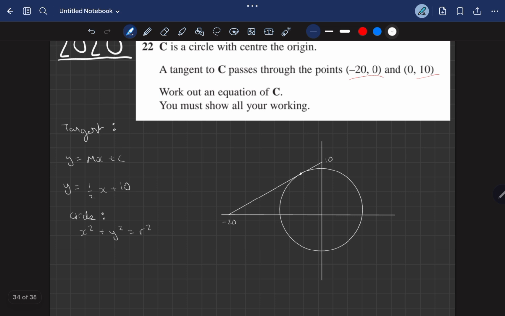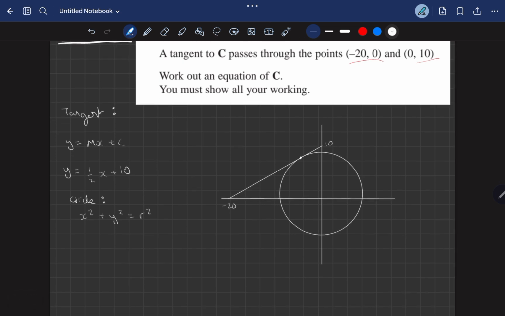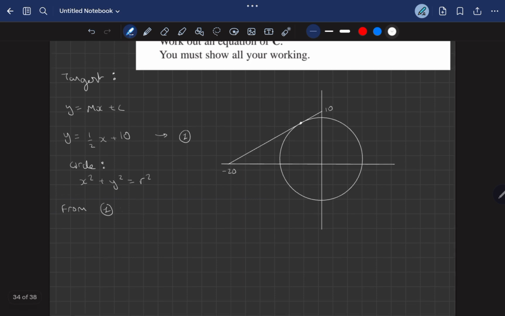So let's equate these two together. I'm going to substitute y into this right here. Actually, no, I'm not. I don't like the fact that 1 over 2 is hanging, because when I square, it's going to become 1 over 4, and that just gets quite messy. So from equation 1, I'm going to make x the subject: (y minus 10) times 2 is equal to x.